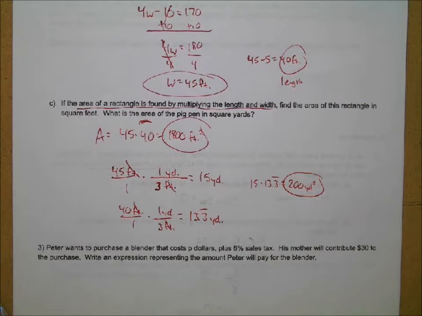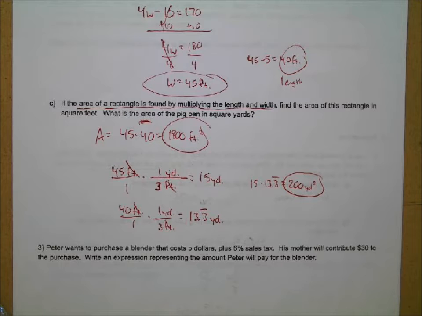But if we can just convert from feet to yards by dividing by 3, why don't we just take our area here? Could we have taken our area and divided it by 3 to get our answer in terms of yards? Would that work? Is 1,800 divided by 3 equal to 200? No, it's not.